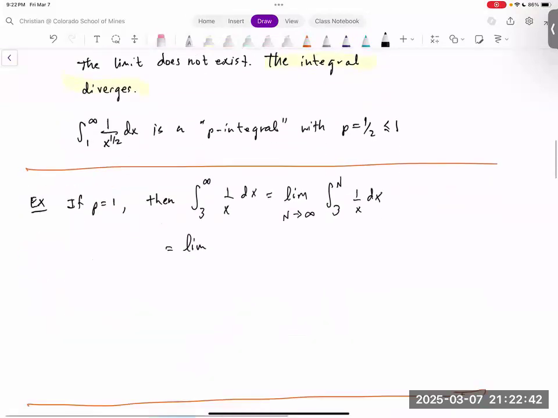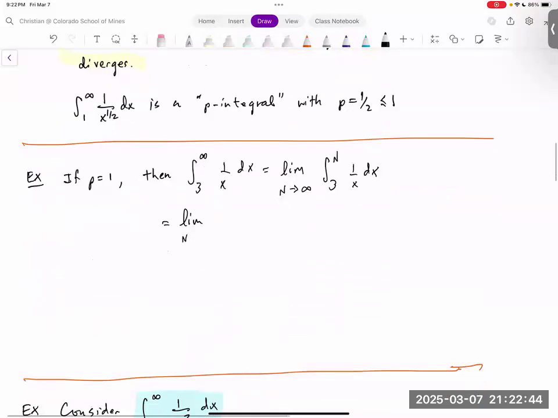That's our limit as n gets big, goes to infinity. The antiderivative is natural log absolute value x evaluated from 3 to n. We would have natural log absolute value n minus natural log absolute value 3. This first term goes to infinity.